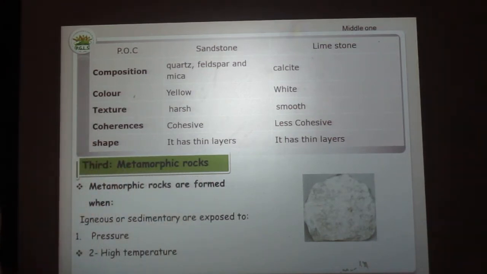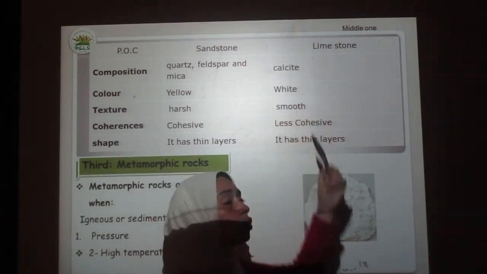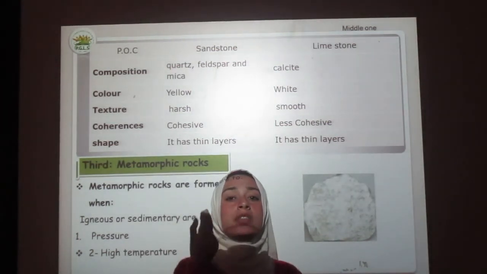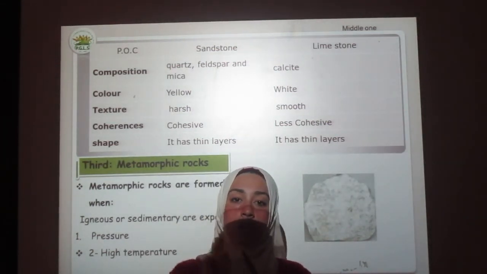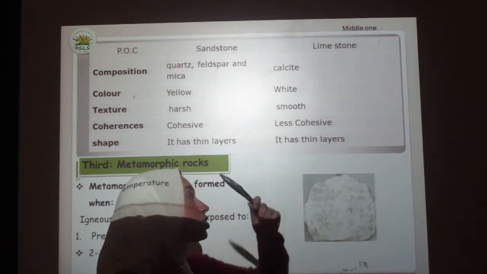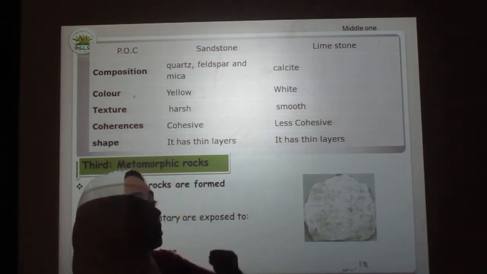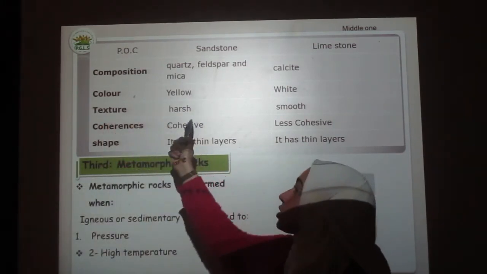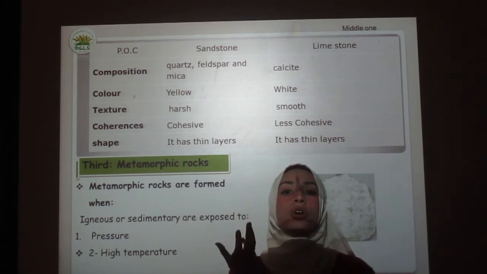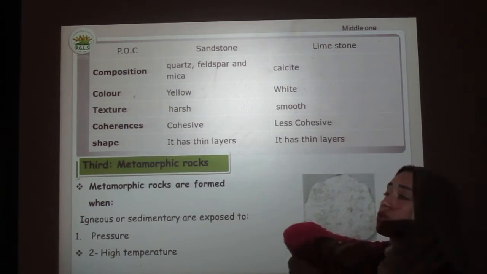Its color: the sandstone, the color of sand is yellow, while limestone, I said that it's like chalk. Remember the chalk that we use, it has the same color, so its color is white. The texture of sandstone is harsh, strong, hard, while the texture of limestone is smooth.